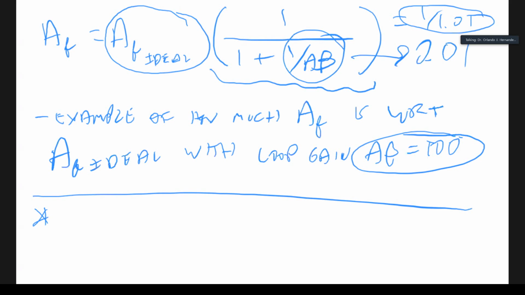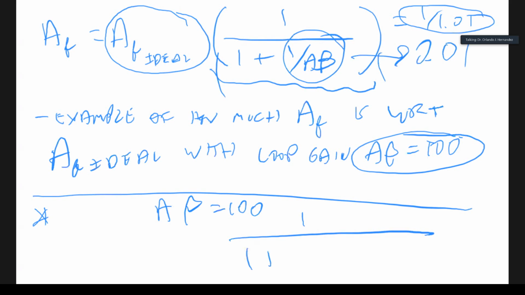Yeah, so let's unpack that. If A beta is 100, then this factor over here is going to be 1 plus 1 over 100, so this is going to be 1.01.